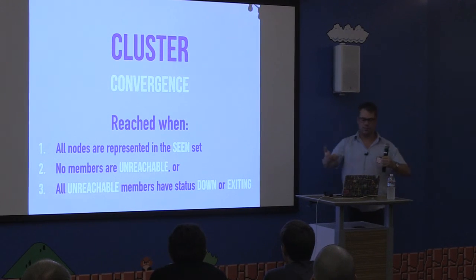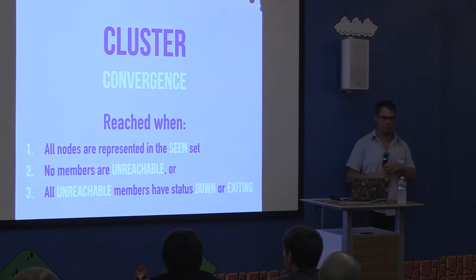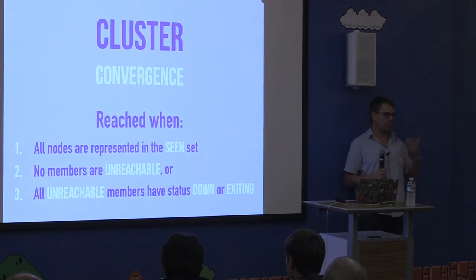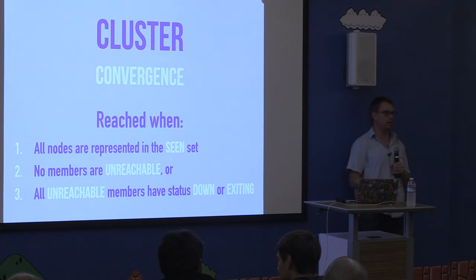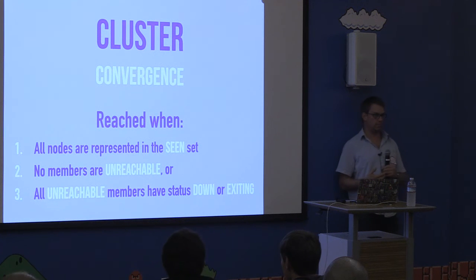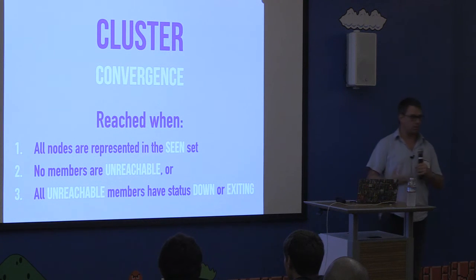If the version that you get is lower, then it replicates back the newer one. If the one you get is newer, then it does a merge and updates itself. This is the way the cluster can converge very quickly.